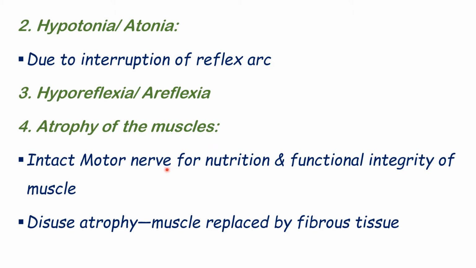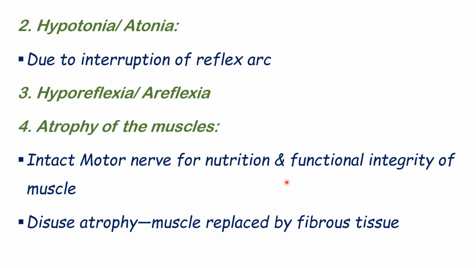So why does this occur? Just give it a thought. Let me explain. The intact motor nerve is important for the nutritive and functional integrity of the muscles, because a number of trophic factors are released by the nerve.